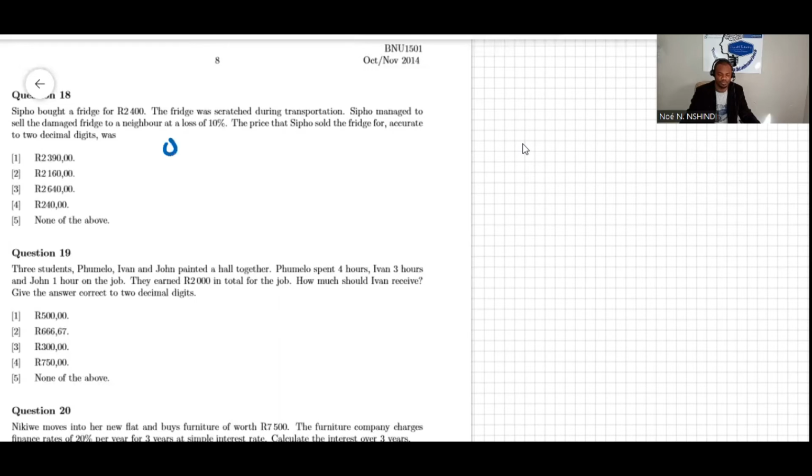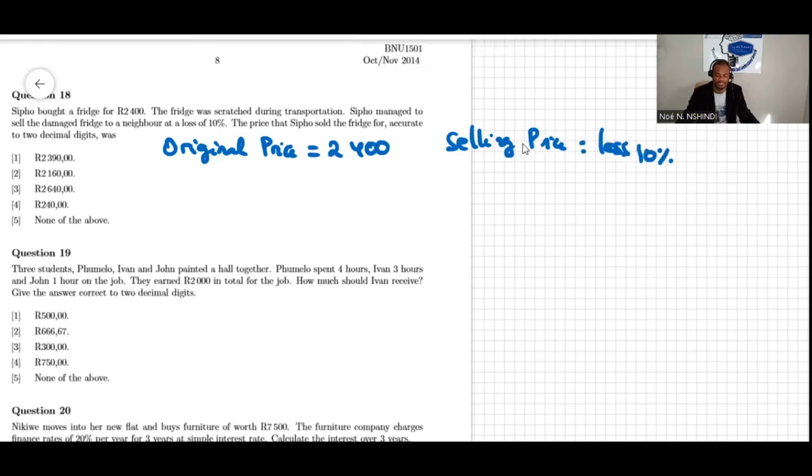So the original price would be 2,400. Now it sells it at a loss of 10%. So if we want to calculate 10% of 2,400, when they say 10% of, the word "of" in English is translated by times in mathematics.